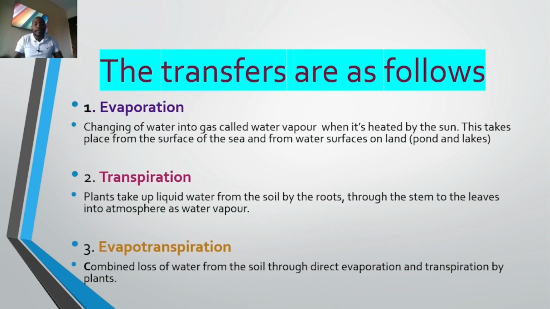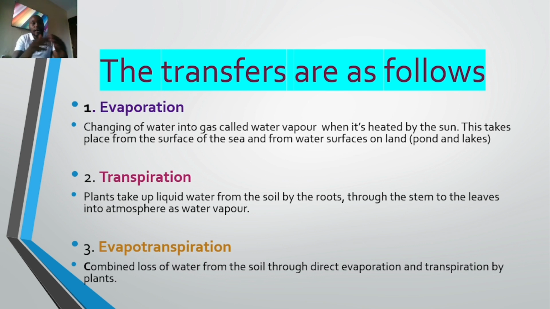So it's a combined loss of water from the soil through direct evaporation and transpiration by plants. So when you talk about evapotranspiration, you talk about the combined loss of water from the soil through direct evaporation, and then also transpiration by plants, which we've talked about up there.